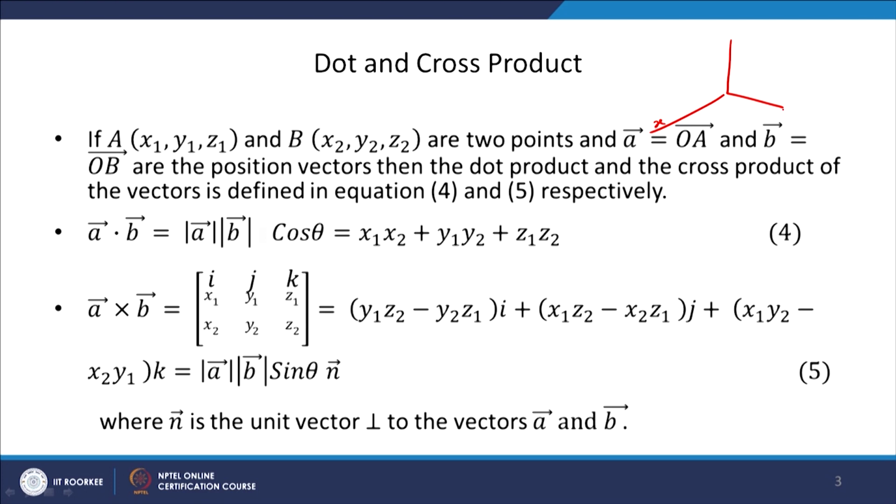Here we have the x, y, z axes. If you have 2 vectors A bar and B bar, and the angle between them is theta, then the dot product can be written in this way.